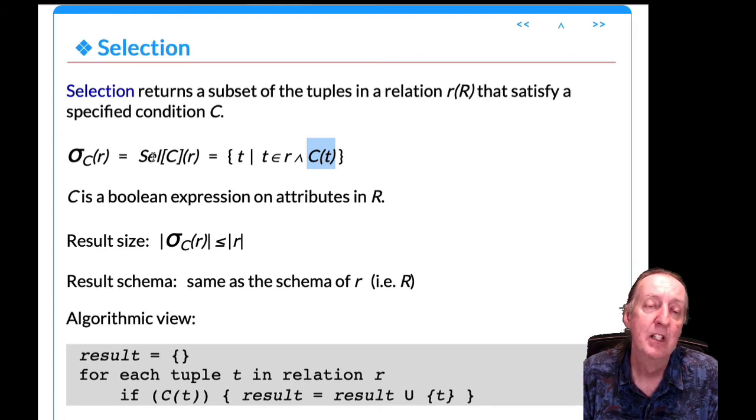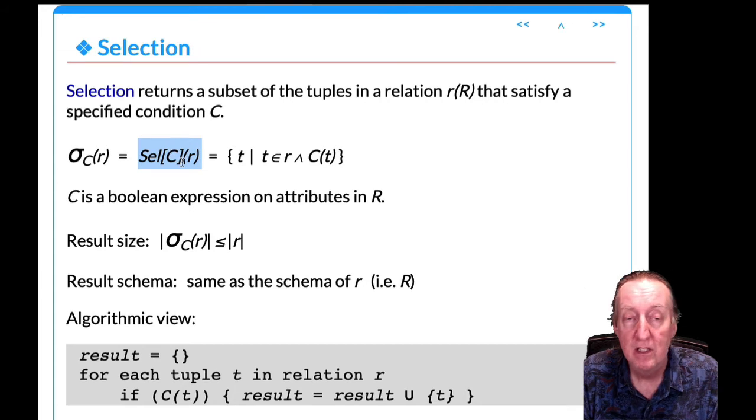In any case, we take a set of tuples from a table that satisfy a certain condition, and that's how we write the operation. It's select using a condition C on a table R.